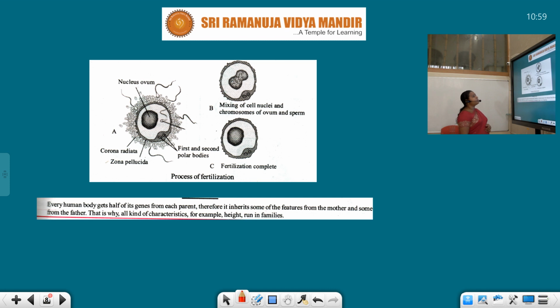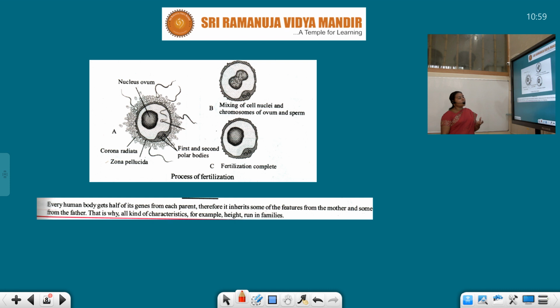And see students, this is the structure of the ovum. Every human body gets half of its genes from each parent. Therefore, it inherits some of the features from the mother and from the father.